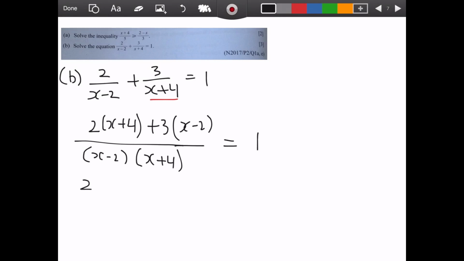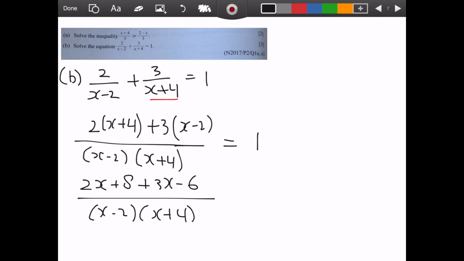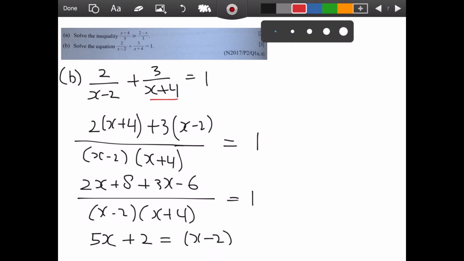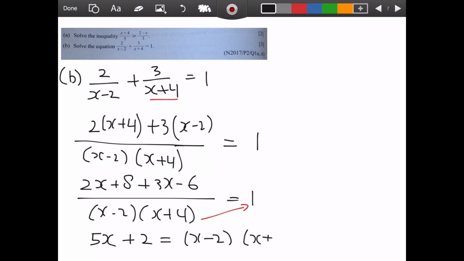Then you just expand the numerator, 2x plus 8 plus 3x minus 6, over (x minus 2)(x plus 4) equal to 1. Now you want to simplify it further: 2x plus 3x is 5x, plus 2, equal to (x minus 2)(x plus 4), because you bring the denominator up to the numerator side, correct?